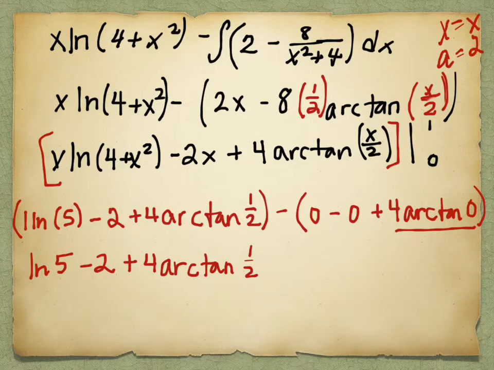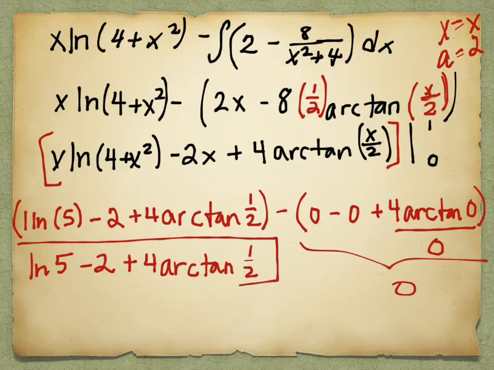If it said arccotangent of 0, that would not be 0. It would actually be at the 90-degree angle at the top, which is pi over 2. So it's not just always 0 because this has a 0 in it. That's not what's going on. So you have to think about that unit circle. So this actually is 0 in this particular problem. So all of this is 0, which means my solution is this piece right here.